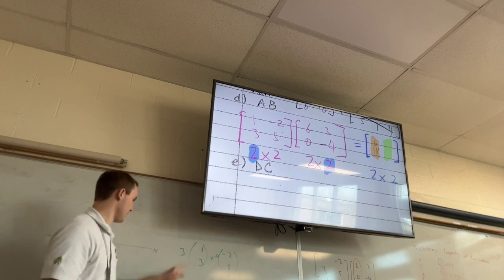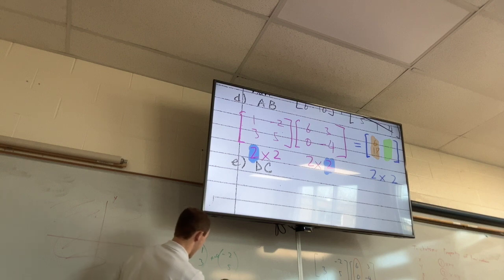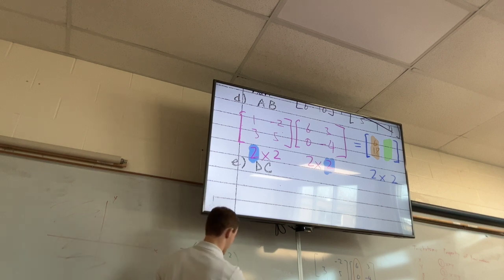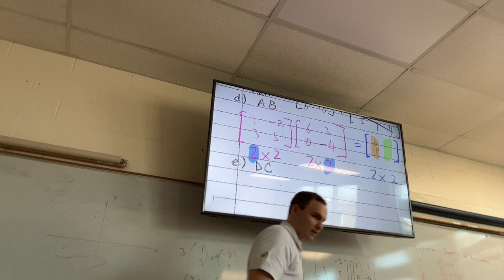So 3, 9, and then 8 and -20. Add across: 11 and -11. So my second column there is going to be 11, -11.